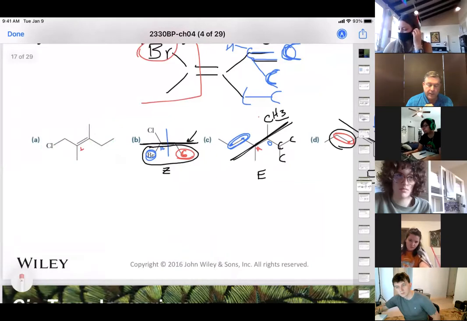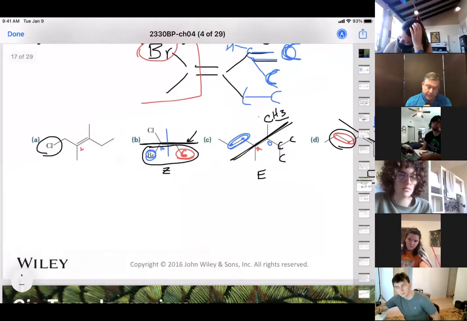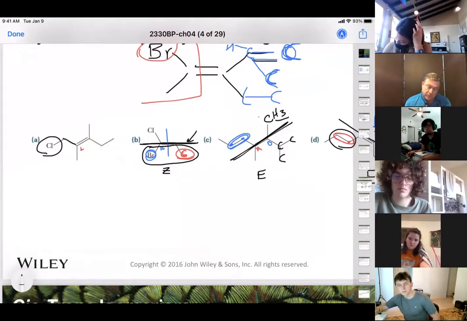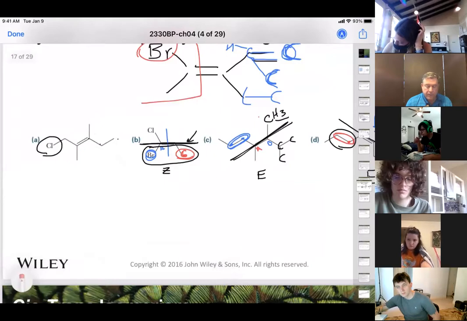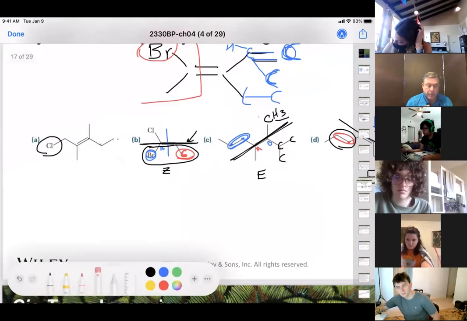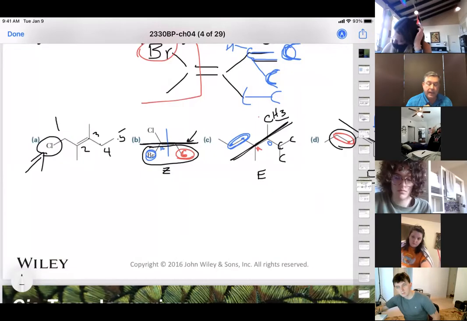Okay. So this right here is going to be a chloro, and let's see, we're going to do 1, 2, 3, 4, 1, 2, 3, 4, 5. So that's going to be a pentene, okay? And the reason I'm going to start numbering here, 1, 2, 3, 4, 5, is that it gives our first substituent the lowest number, and it gives our double bond the lowest number.